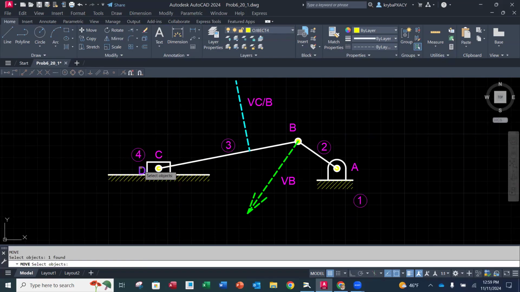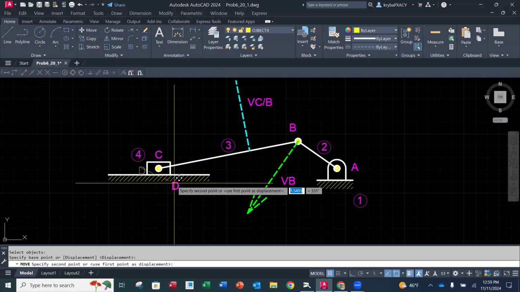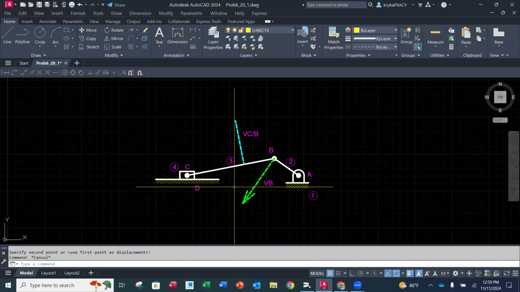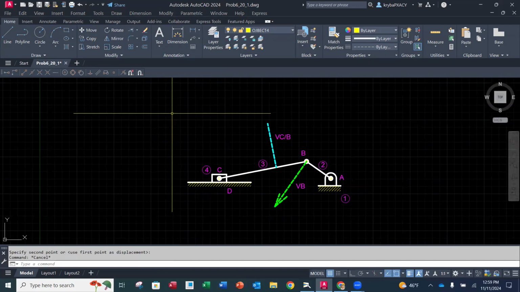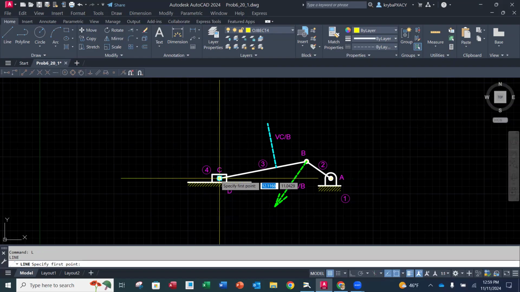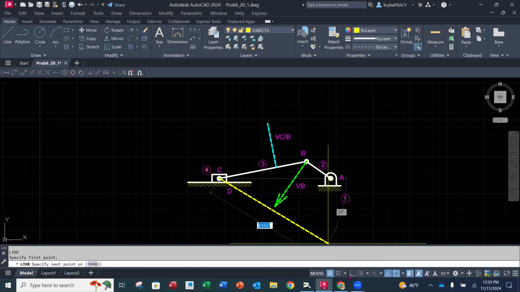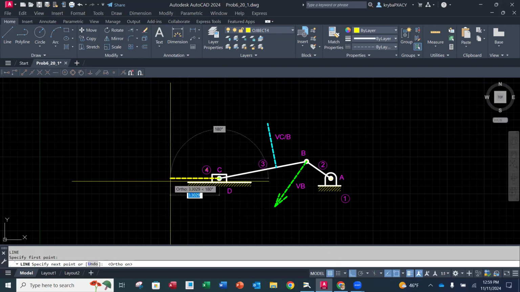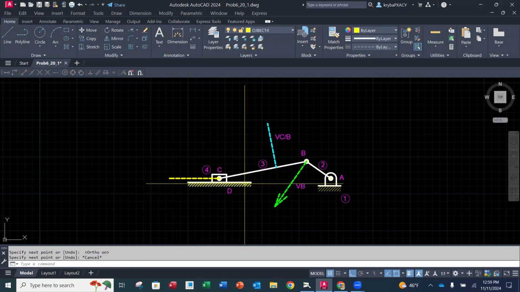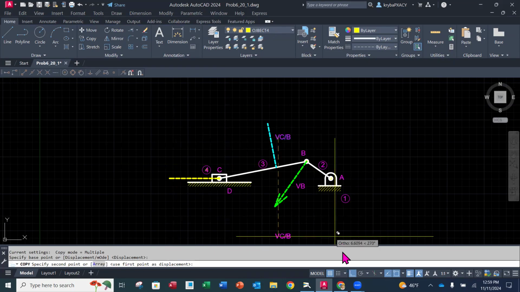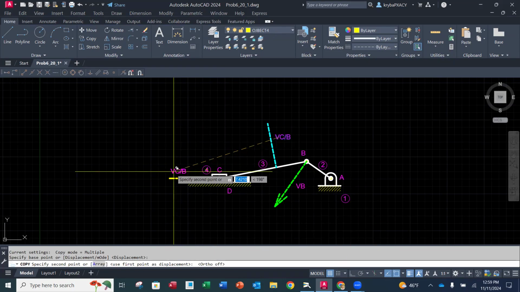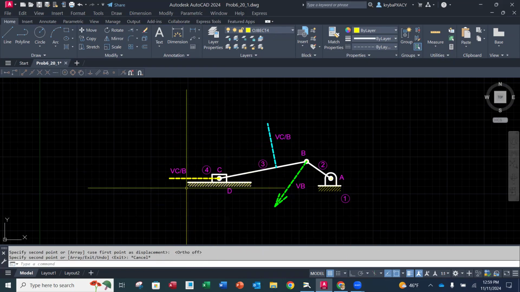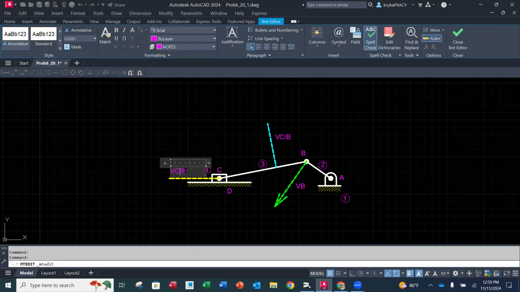Okay, I'm actually going to move my D. So again, move your things around so that we're not overlapping. And now I am going to have a line of action from C horizontal through its center there. And this is going to be the velocity of C. I don't have an arrowhead yet. I know it's going to go to the left, but I don't know where it's going to start and stop.